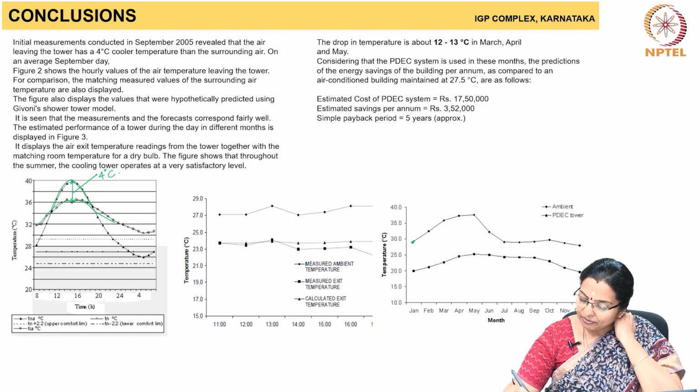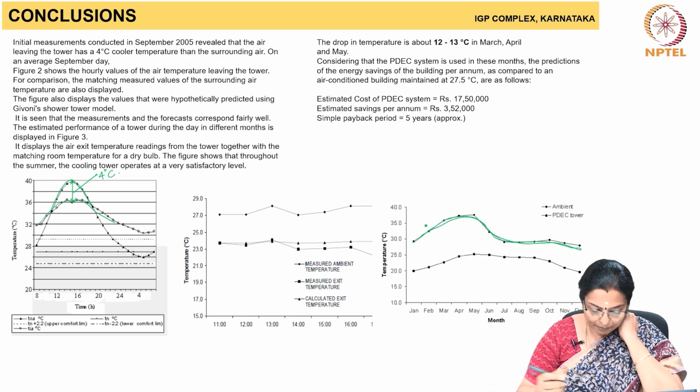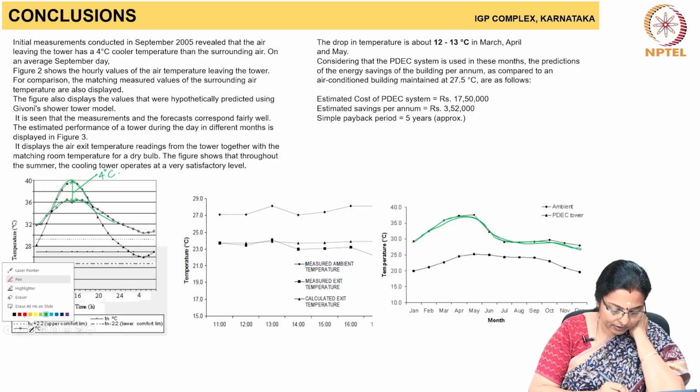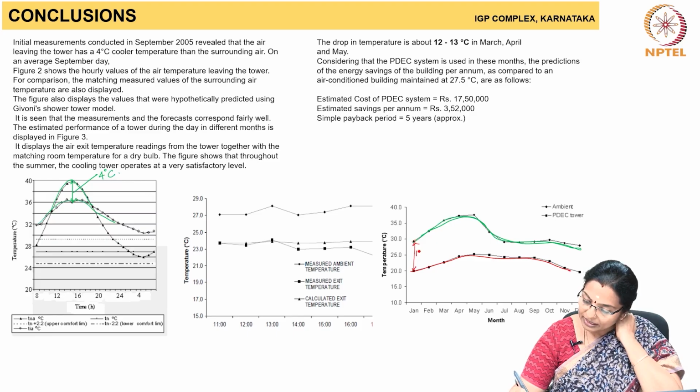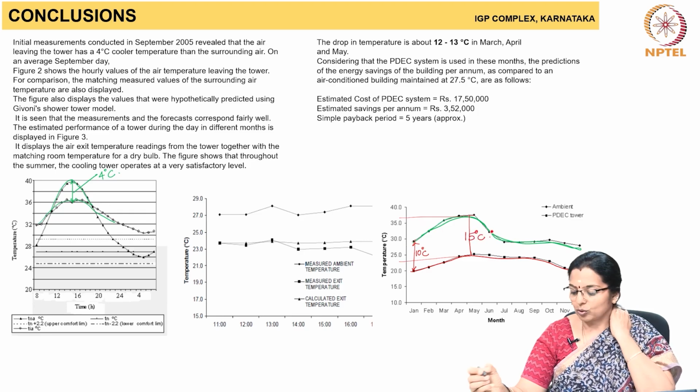If this is the ambient temperature, the temperature of air from the passive downdraft cooling is sometimes, depending on the month, 10 degrees to 15 degrees lower.